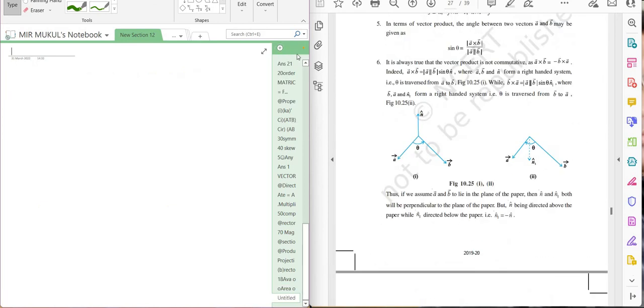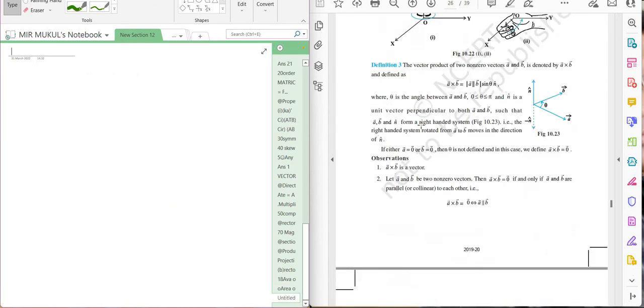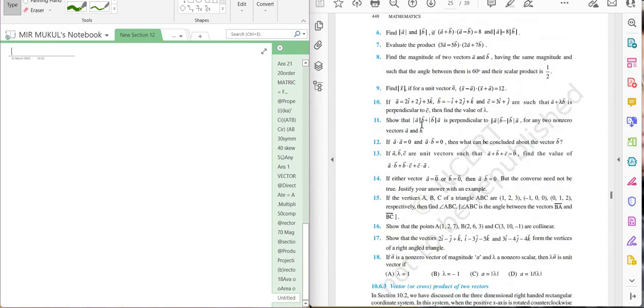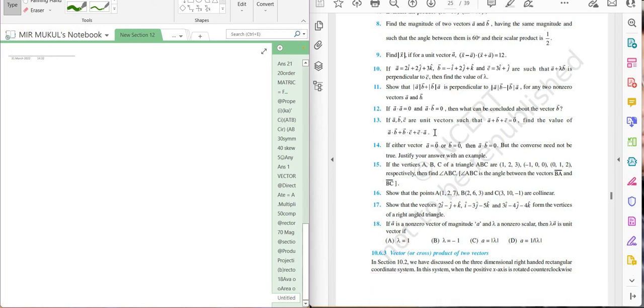So this was the main concept which you have to keep in your mind. Some good questions I am showing which can come in exam. So like answer 13. Here I am writing the questions, it will be better.